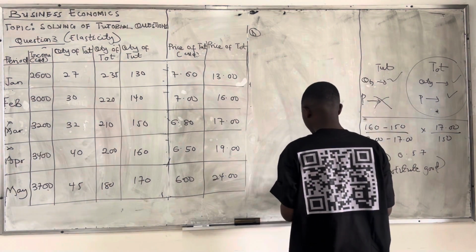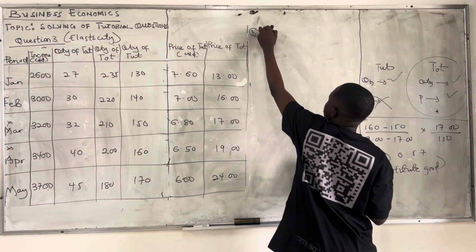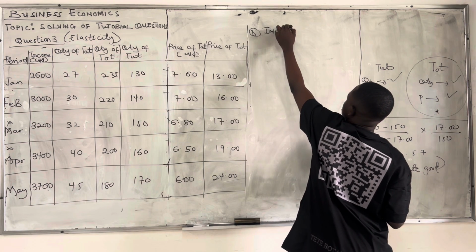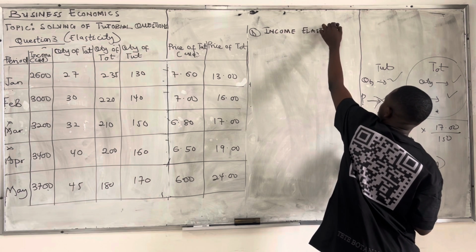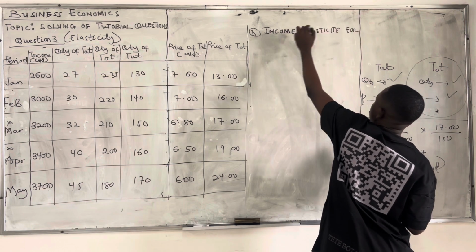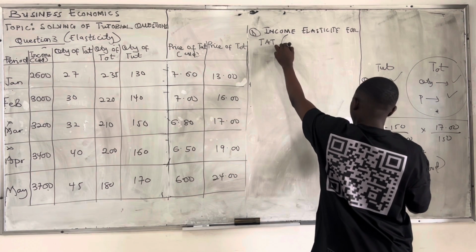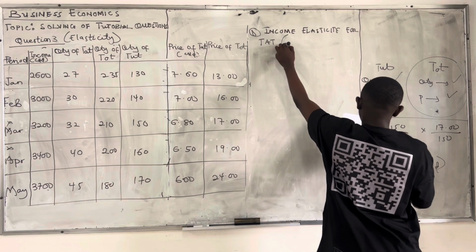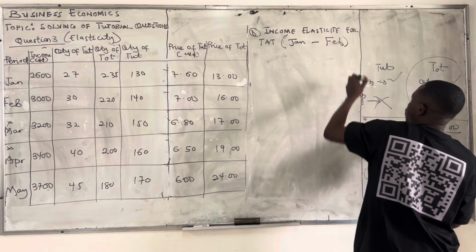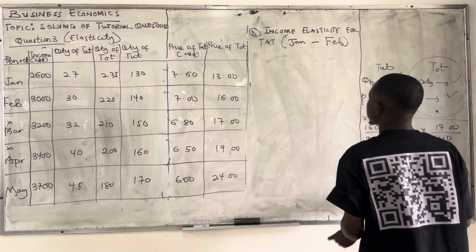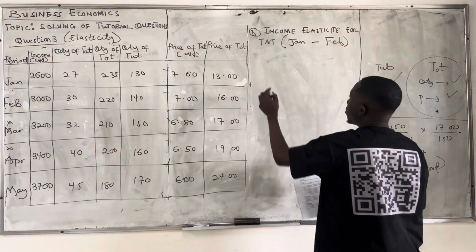So income elasticity for that. Let's check there. This is D, January to February. So income elasticity for that, January to February.